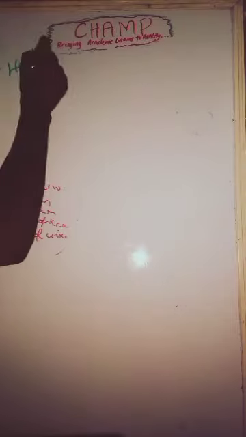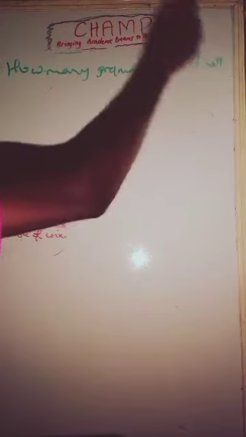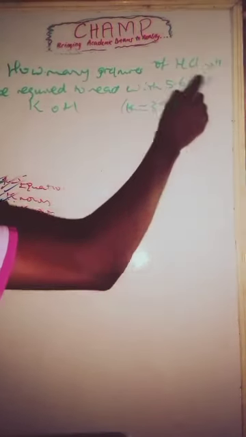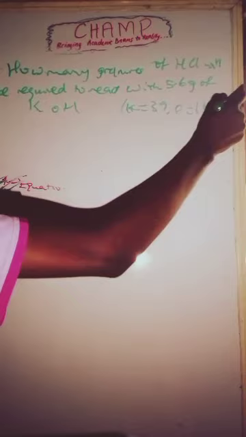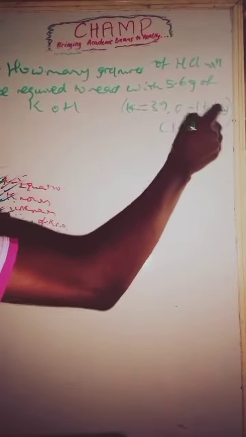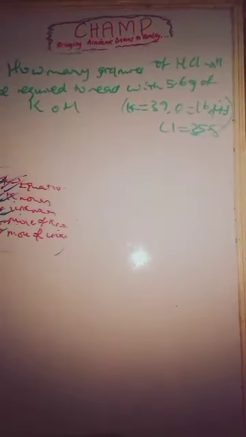How many grams of HCl will be required to react with 5.6 gram of KOH? So K is 39, O is 16, H is 1, Cl is 35.5. I give you 1 minute. Just pause the video, try it on your own, then resume the video again.